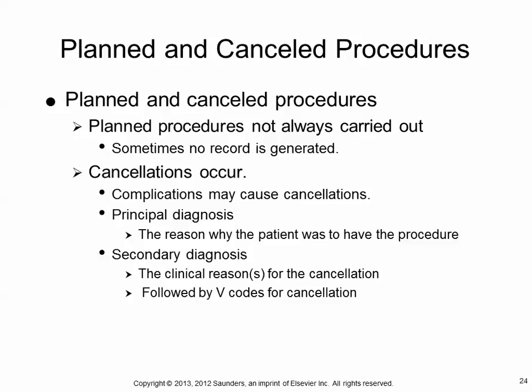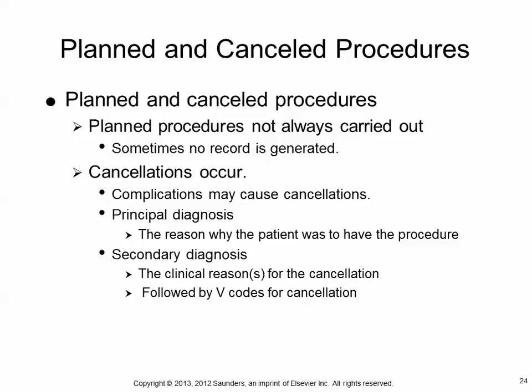So she comes in, her blood pressure is too high. We put the reason she was having the facelift. She was old. She looked old. The clinical reason for canceling is her elevated blood pressure, and then V64.1. We've coded her chart.